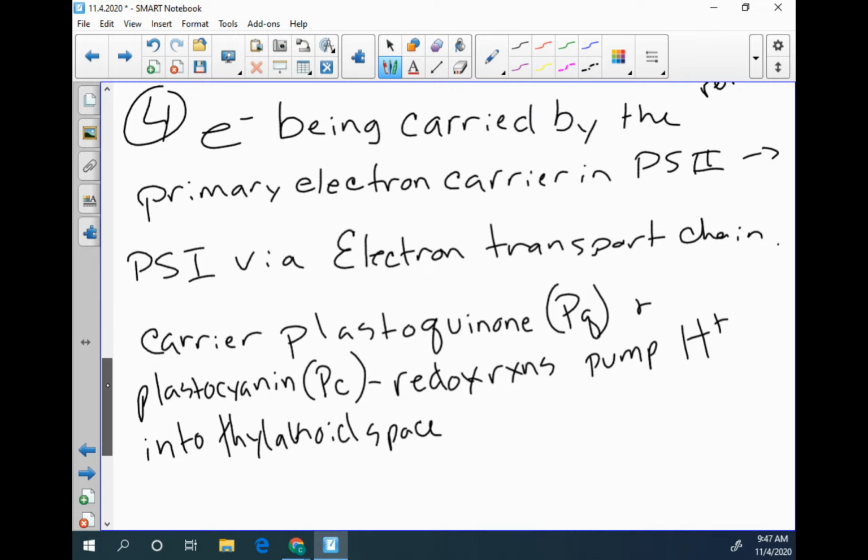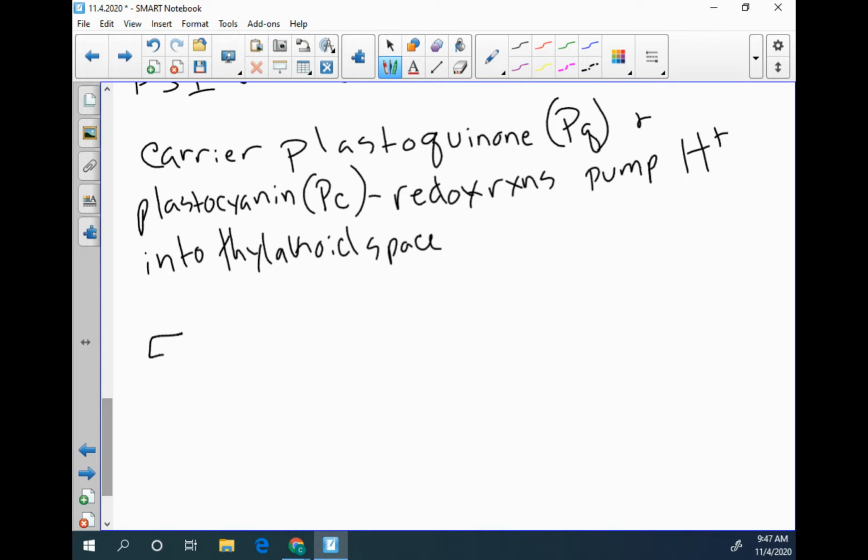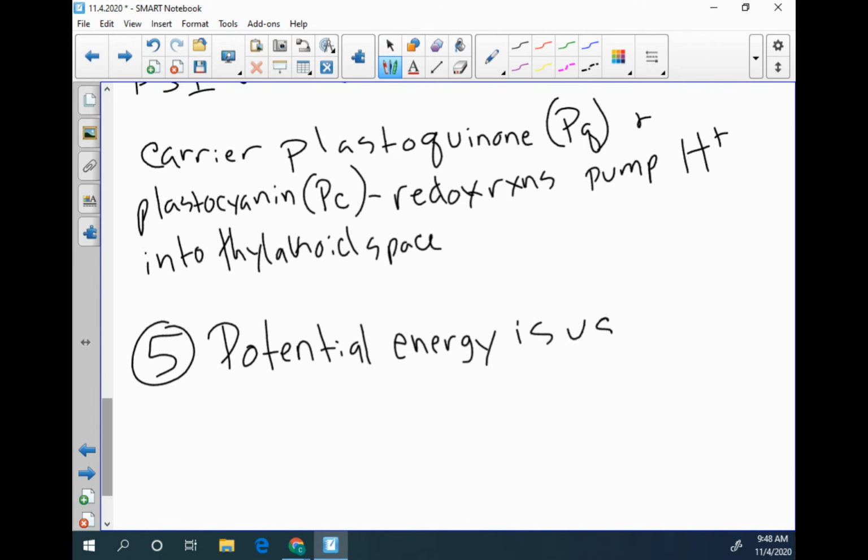Step 5 will be a little bit familiar to you because in step 5, potential energy is used to make ATP via chemiosmosis.